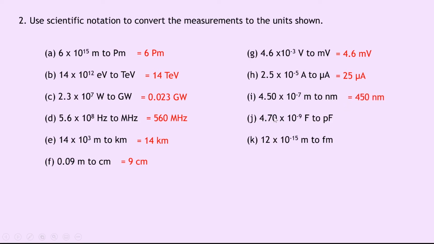Part J, 4.70 times 10 to the minus 9 farads to picofarads. So remember pico is times 10 to the minus 12, so we need to move this decimal point 3 places to the right, and we get 4,700 picofarads. And lastly, part K, 12 times 10 to the minus 15 meters to femtometers. Remember femto is times 10 to the minus 15, so this simply becomes 12 femtometers.